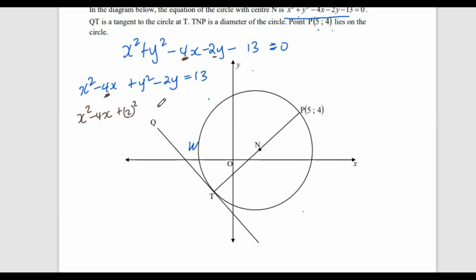I'll do the same thing. This is y squared minus 2y, a half of that is just 1, when I square that, is equal to 13. Now, since I'm introducing these squares, I must also do the same on the right-hand side. So that's going to be a 2 squared plus a 1 squared.